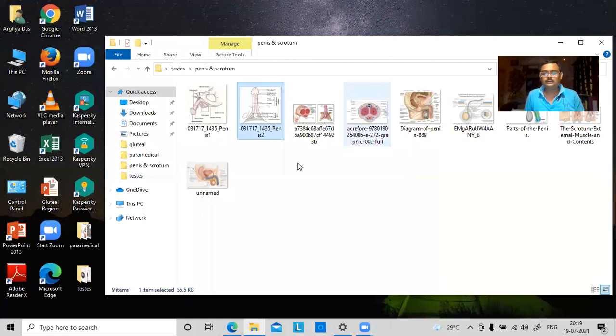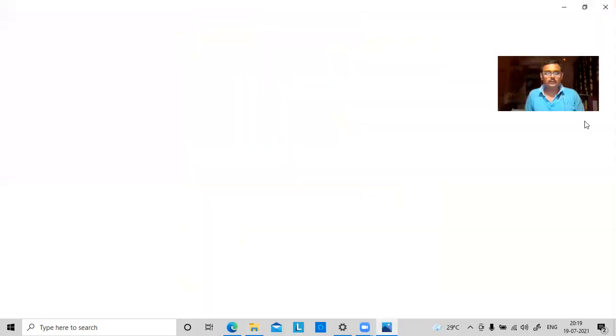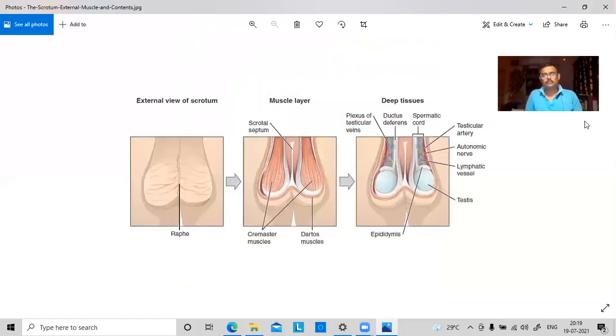Now we'll start discussions on the scrotum. The scrotum is an integumental pouch present on the lower aspect of the anterior abdominal wall, and this helps to protect the testis within it.